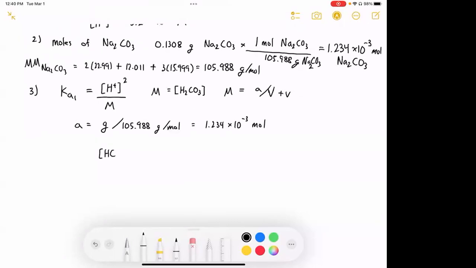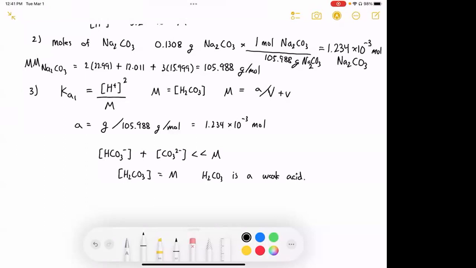because the concentration of HCO3 minus plus the concentration of carbonate ion is going to be very much less than the actual molarity of the solution. And then it turns out that H2CO3 is going to be our molarity, because H2CO3 is a weak acid.